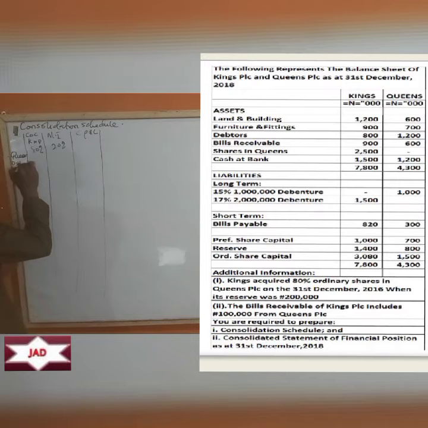So 80% here, then we have 20%. 0.8 times 1,500, what do we have there? 1,200. So this will be 300.